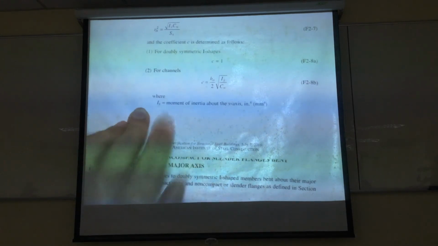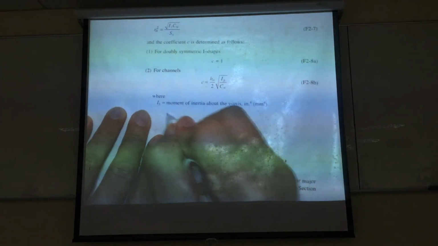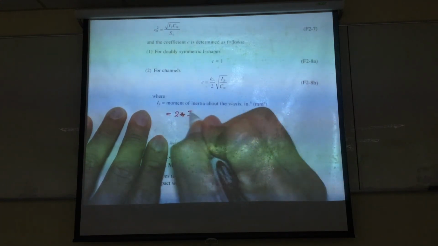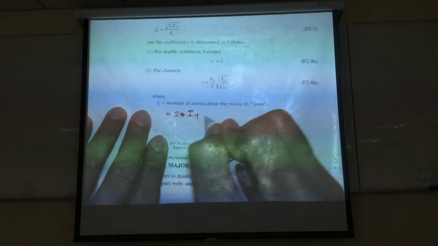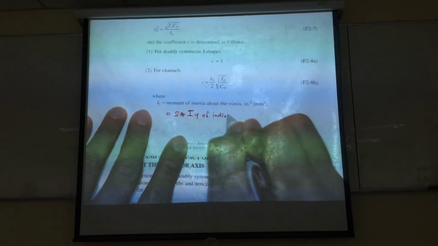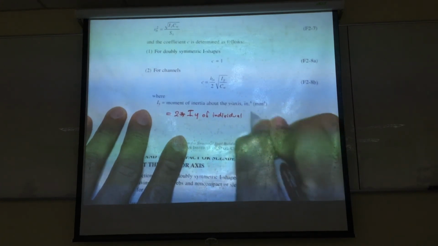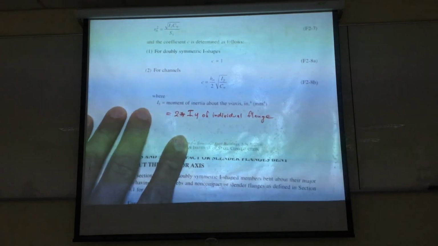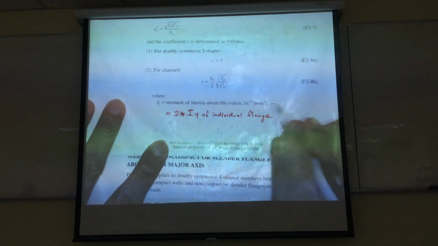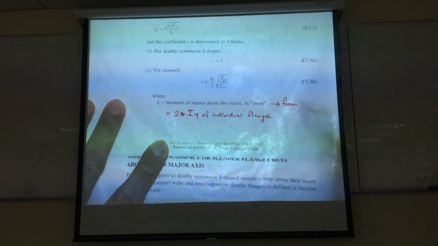Thus, this includes twice as much as, if we want to be consistent, Iy of individual flange. This is from the steel cross section table.